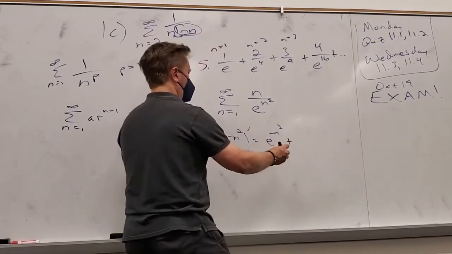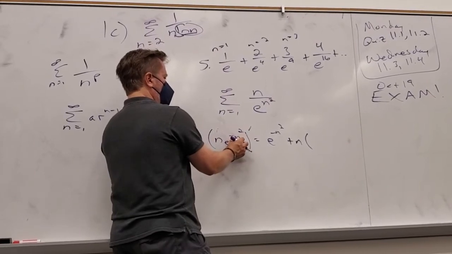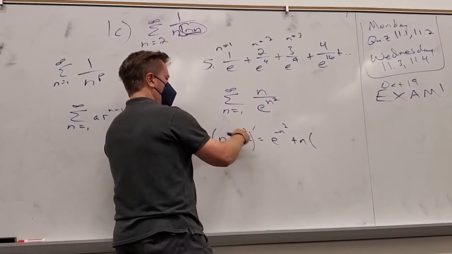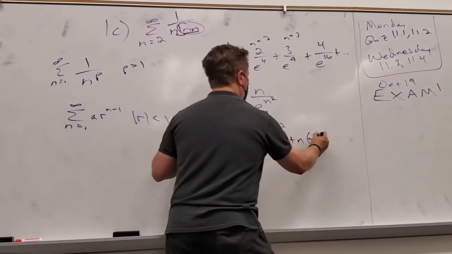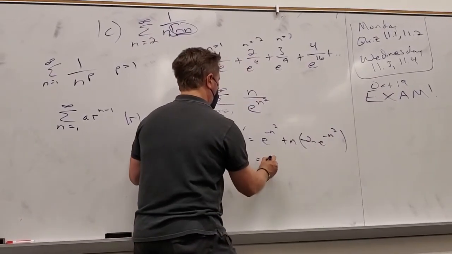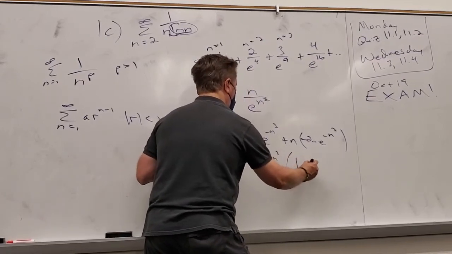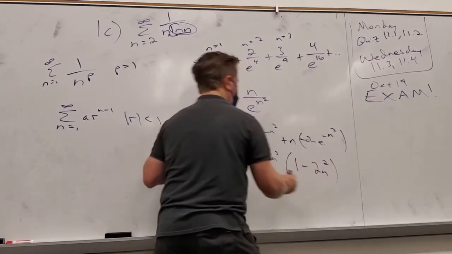Plus n times e to the negative n squared times chain rule? Yeah, so negative 2n e to the negative n squared. So I get e to the negative n squared times 1 minus 2n squared. Is that cool?